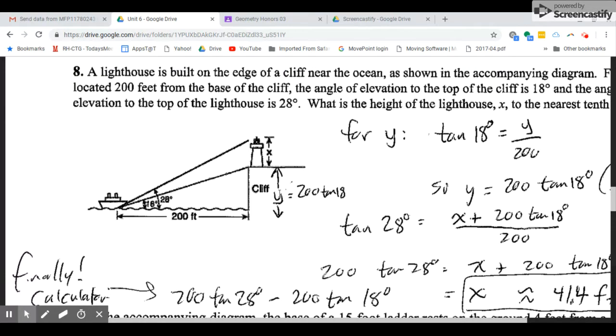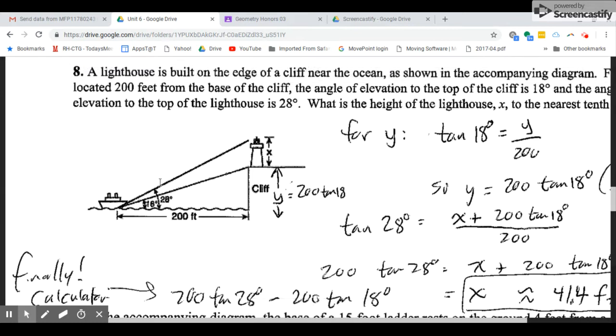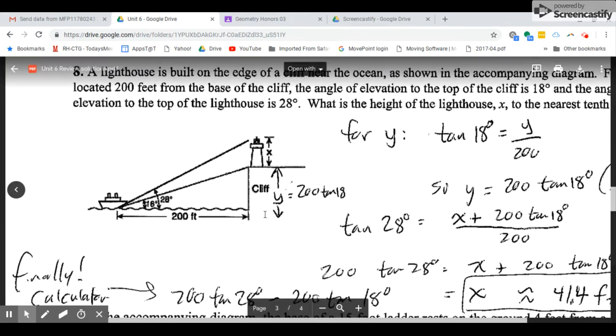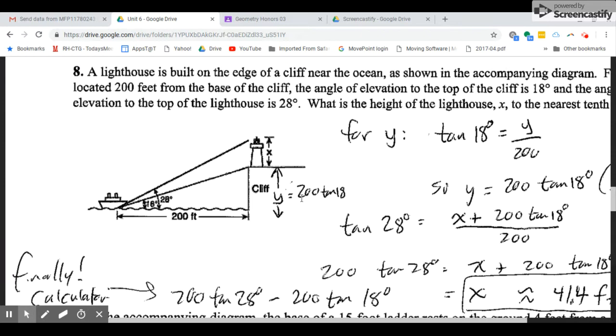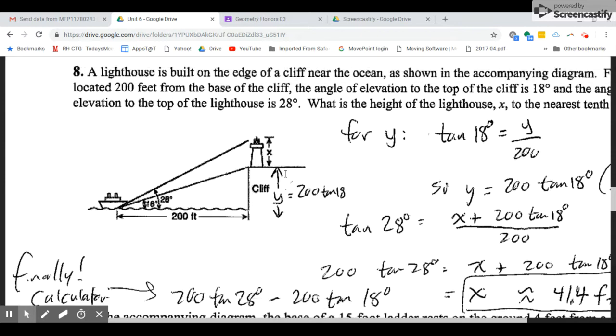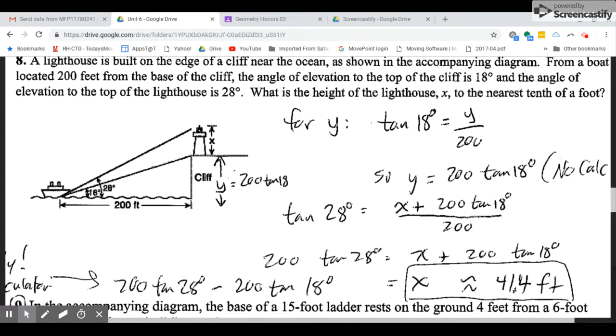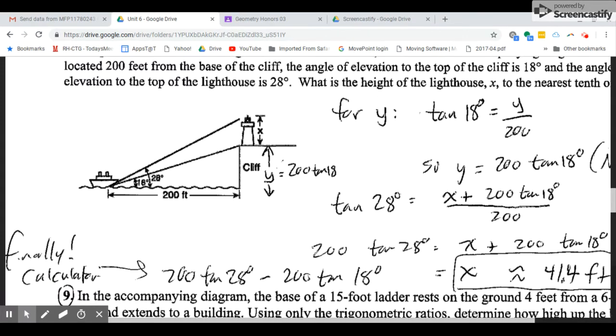And once you find that, you take x plus that for this side, using this big triangle, which has an angle of 28. So you have tangent of 28 equals this opposite side, x plus this number, over 200. Then you solve for x plus this number, and then subtract this number once you solve, right? So you see the algebra here. If you want, this will be on the answer key that I upload.